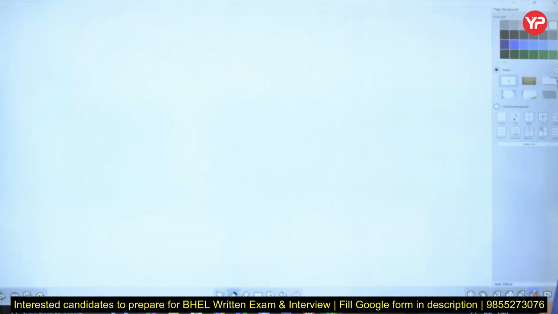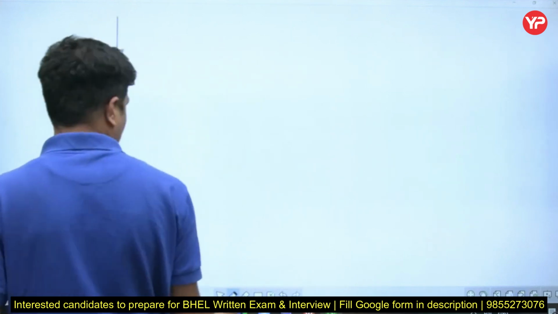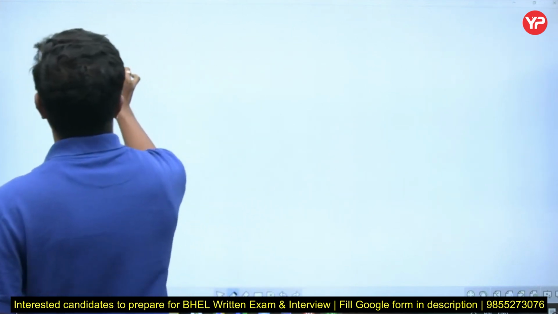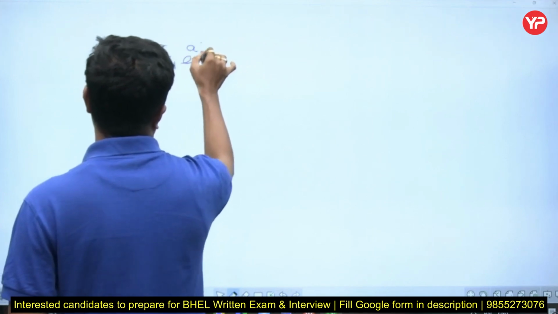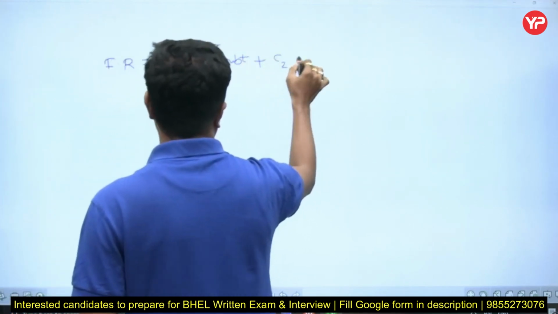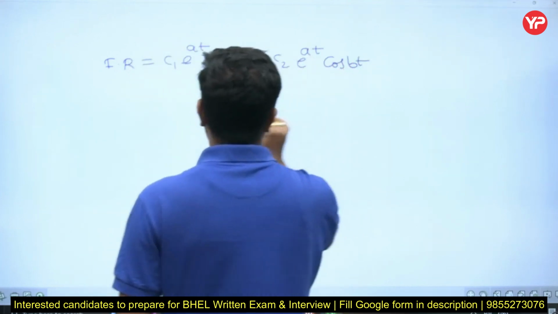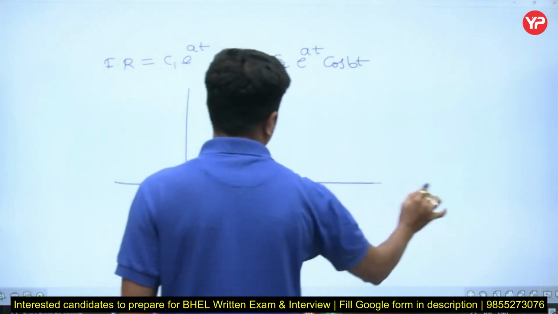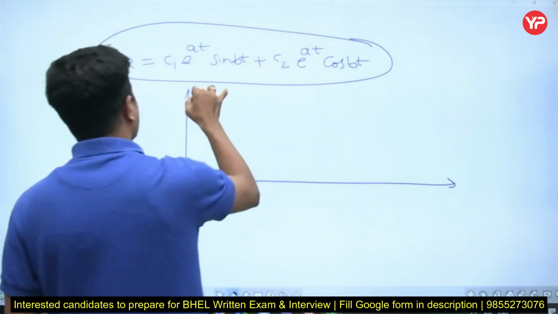If you are good at simple mathematics, you need not do much. Impulse response is equal to C1 into e power AT into sine BT plus C2 into e power AT into cos BT. That is a standard. Sir, how did we get this one? Yes, there is a procedure.